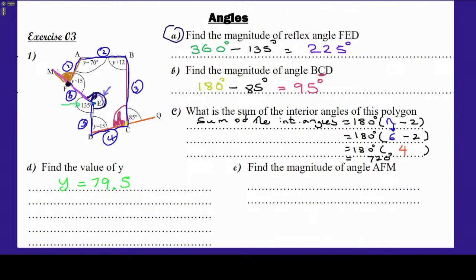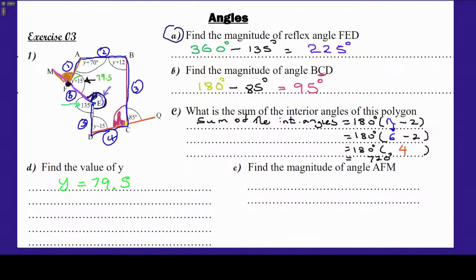Since we know y's value, we can find out what the y plus 15 angle's value is. What is y's value? A while ago we found out y to be 79.5. So what is this y plus 15 angle? What should be the numerical value of y plus 15? That is 79.5.